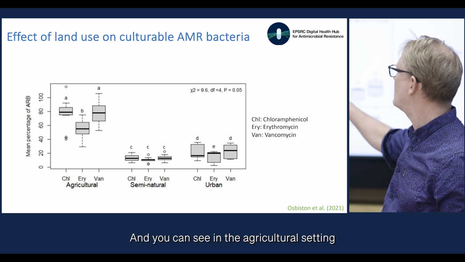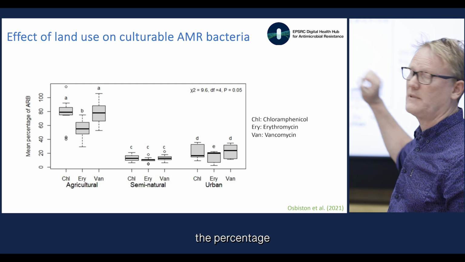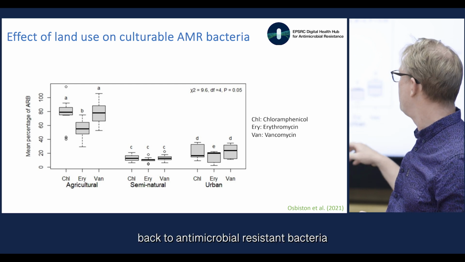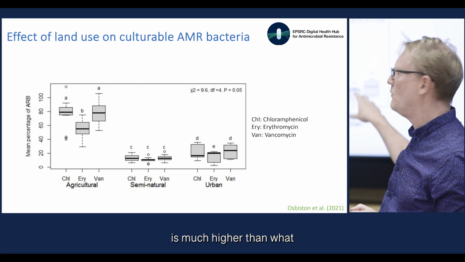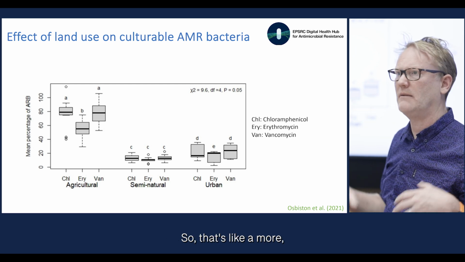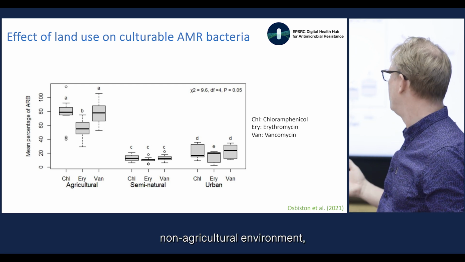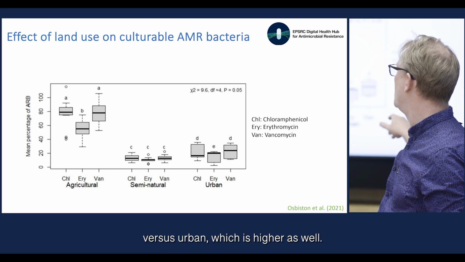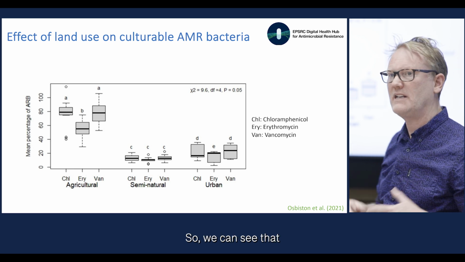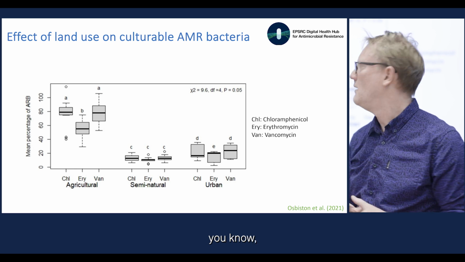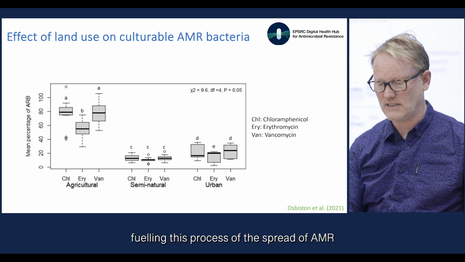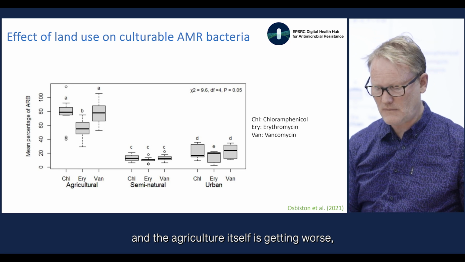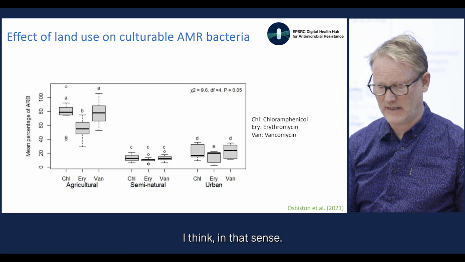And you can see in the agricultural setting, the percentage of antimicrobial resistant bacteria is much higher than what we would call semi-natural, so that's a more non-agricultural environment but still in the countryside, versus urban, which is higher as well. So we can see that agriculture is definitely fueling this process of the spread of AMR. And the agriculture itself is getting worse, I think, in that sense.